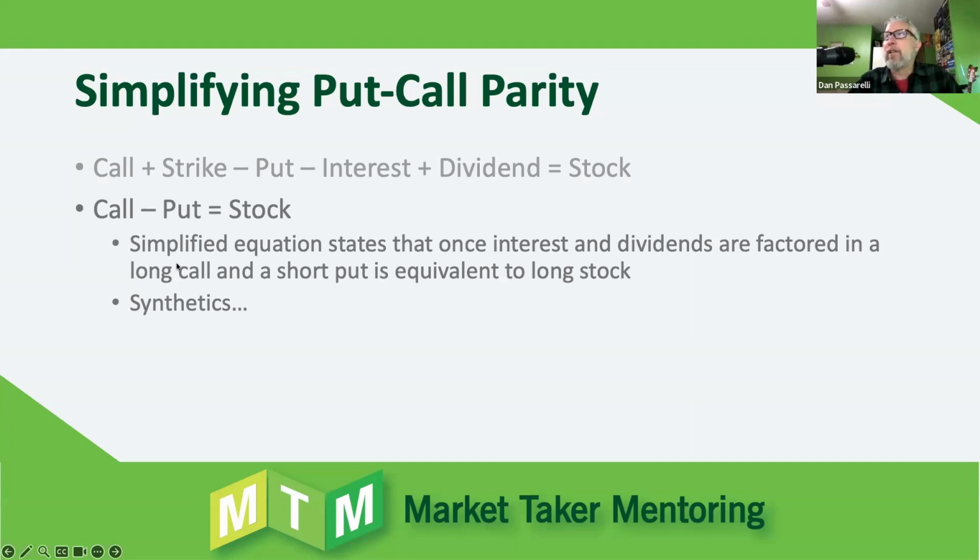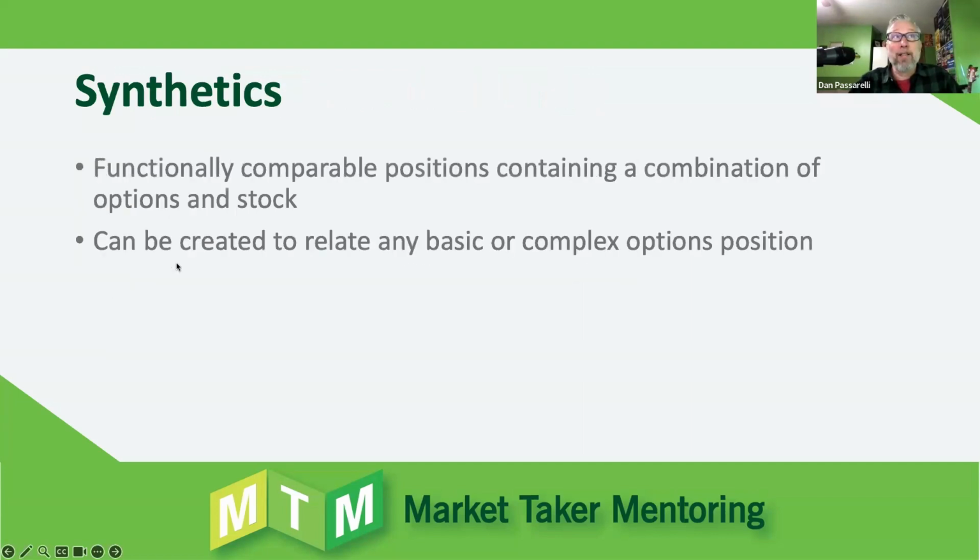So this brings us into the world of synthetics. Synthetics are functionally comparable positions containing a combination of options and stock. And they can be created to relate any basic or even complex options position.